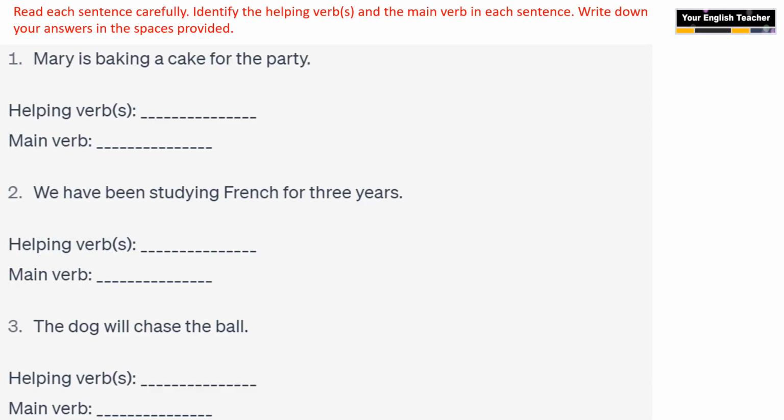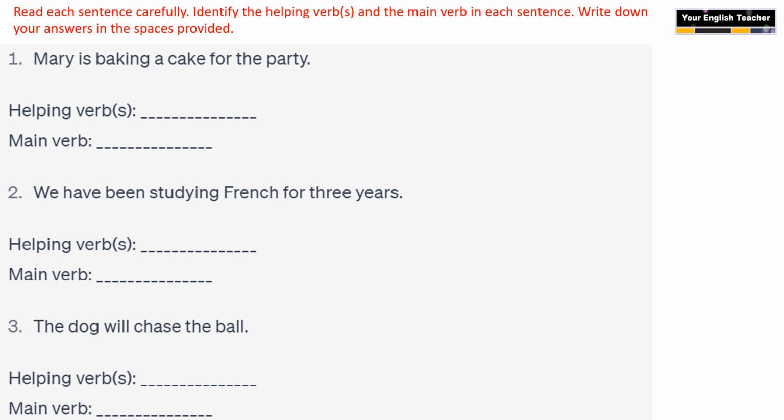So now read each sentence carefully and identify the helping verbs and the main verb in each sentence. Mary is baking a cake for the party. Here, what is the helping verb and what is the main verb? How to identify? First, identify the verb phrase, which is a combination of helping verb and main verb.